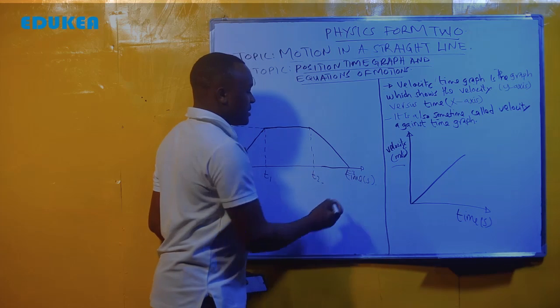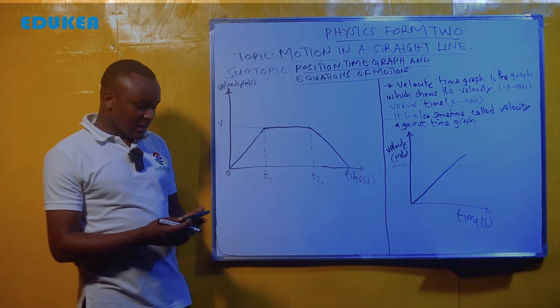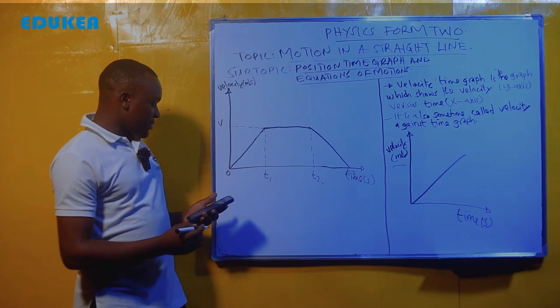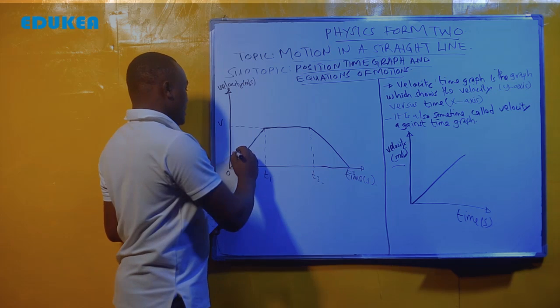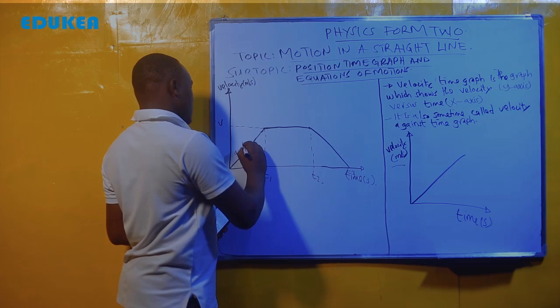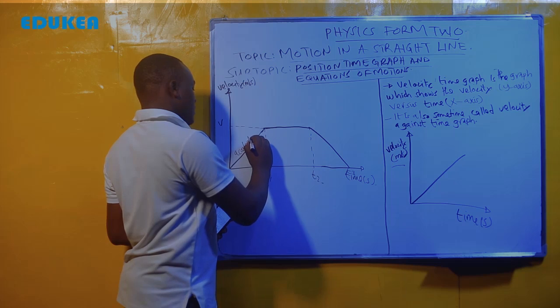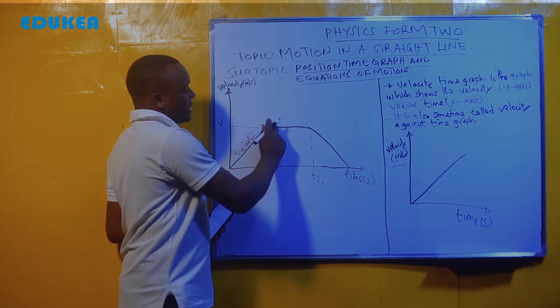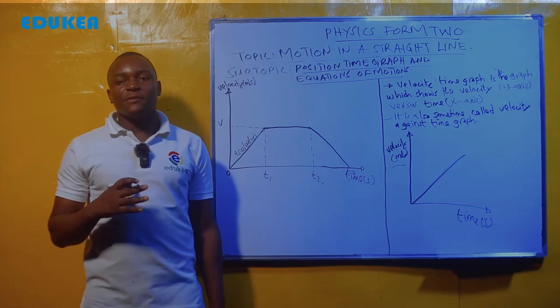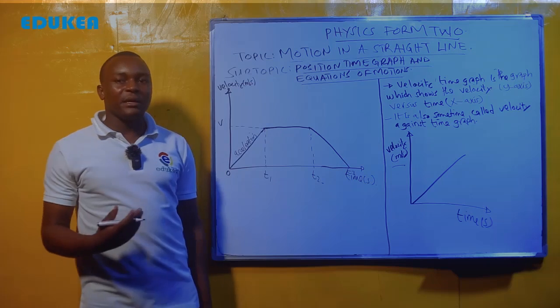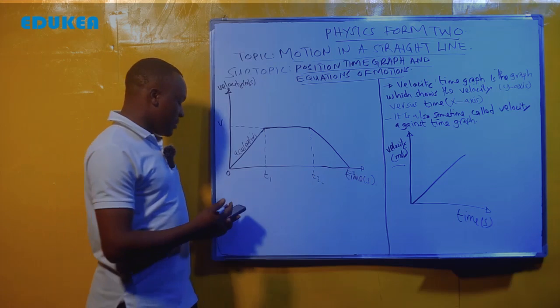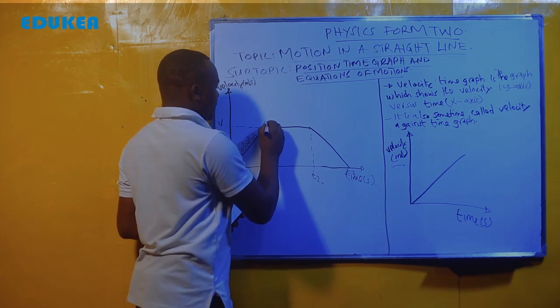That is the object. So here we say there is acceleration. But where the velocity of the body does not change while the time is still changing, is what we call uniform velocity.